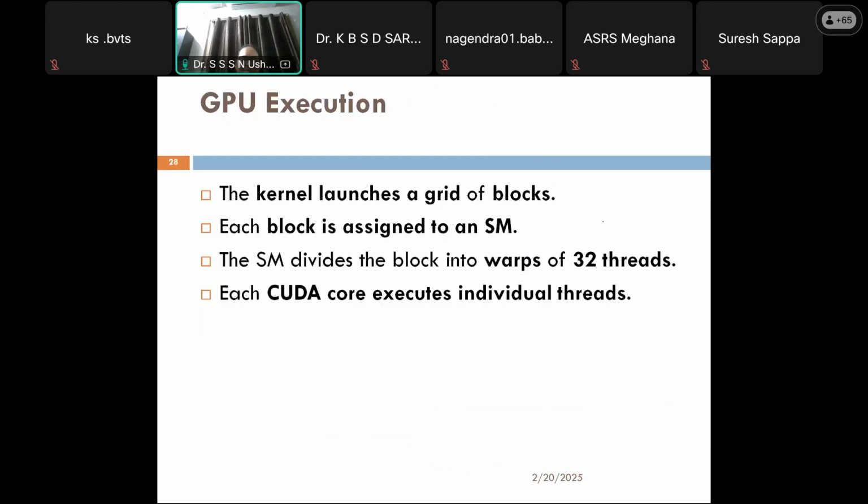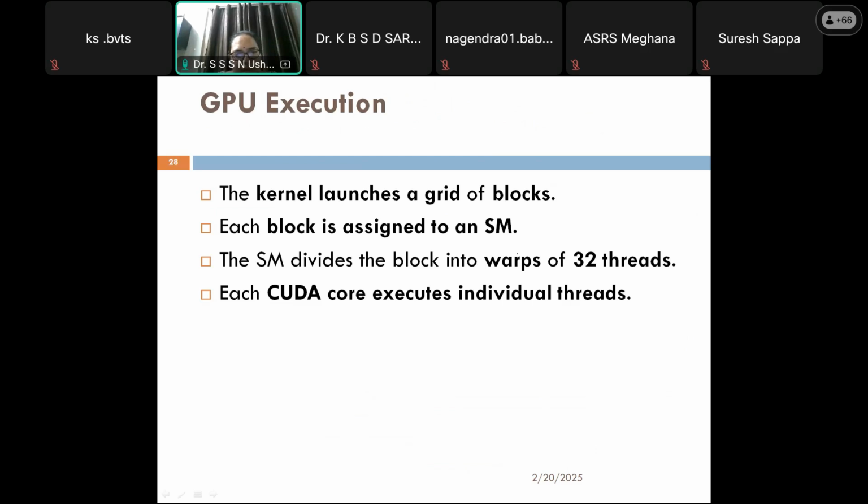Next, coming to GPU execution, the kernel launches a grid of blocks. That means this is how it is going to execute in parallel. The kernel is the main thing that launches a grid of blocks. The grid contains blocks, and a block contains threads, right?